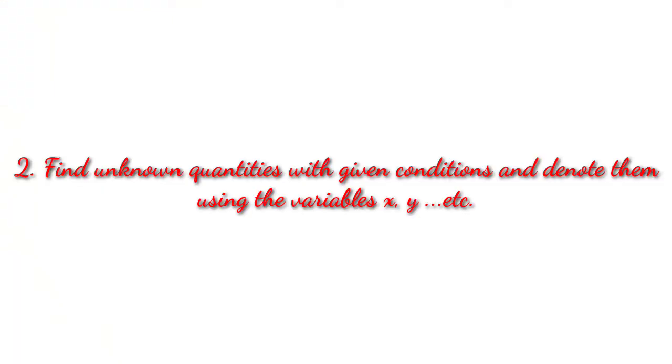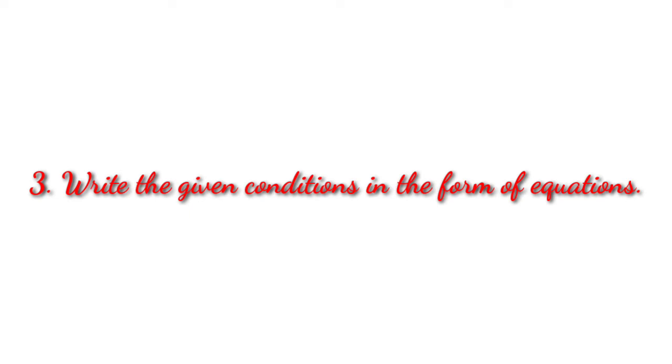First of all, read the question very carefully and try to find the unknown quantities, having some conditions or some information in the problem. Denote the given unknown quantities using the variables x, y, z, etc. Using the given conditions or information in the sentence or phrase of the question, try to write the condition in equation form.